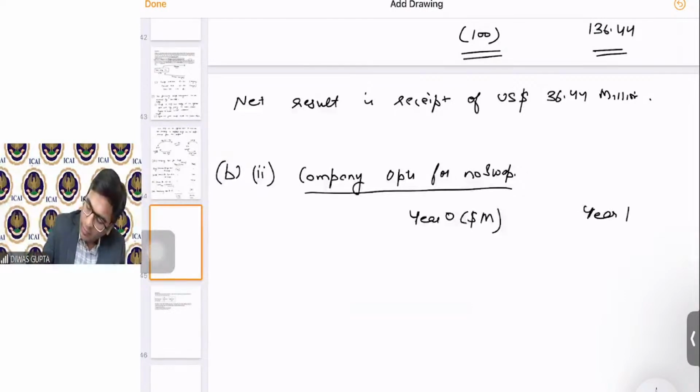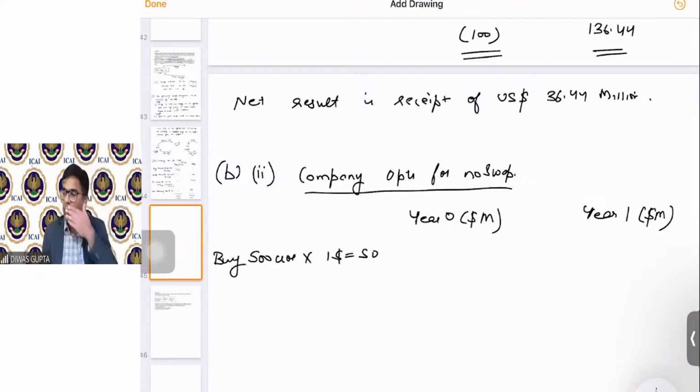$1 million, $1 million. Okay. So this is buy 500 crore at the rate of $1 is equal to 50. Okay. The spot rate. So 100 million will still be an outflow in year zero.